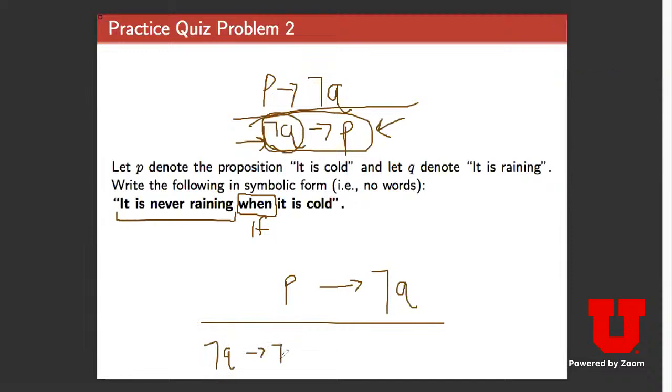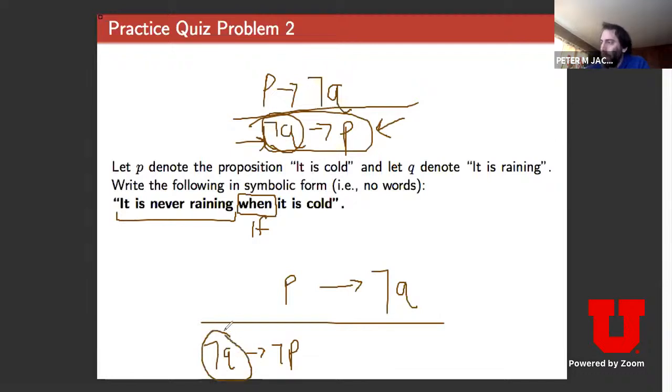Yeah, and I just want to make sure that that doesn't logically follow. The answer, of course, makes sense, but how does this one not follow? Okay, so not Q implies not P. Actually, this goes back to what Alec was talking about. The hypothesis here is not Q, which is a statement about what happens as a result of it not raining.